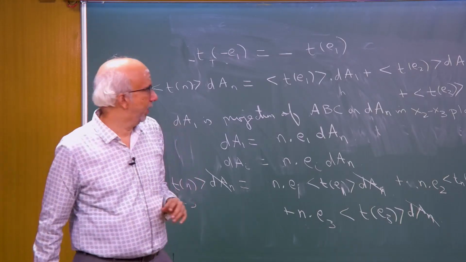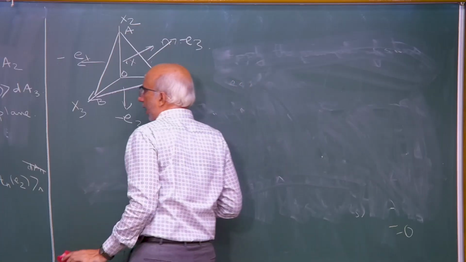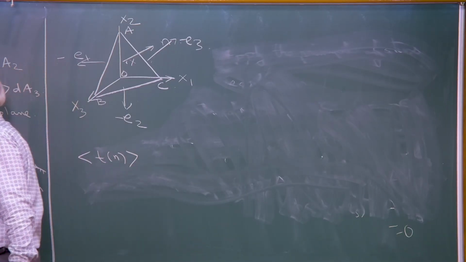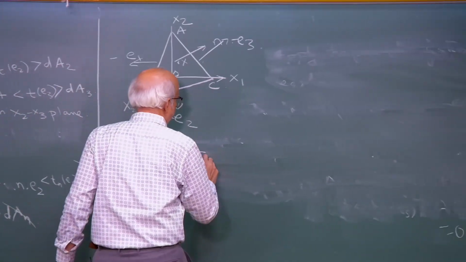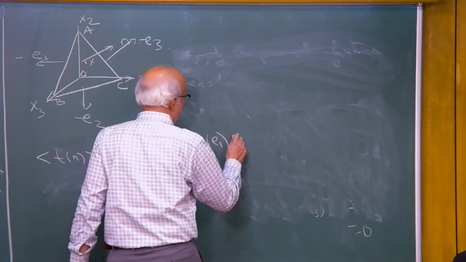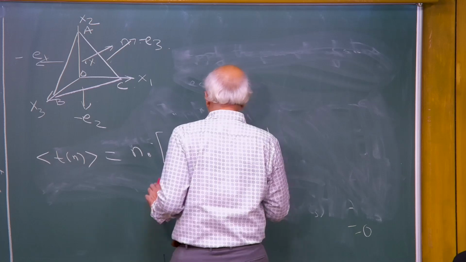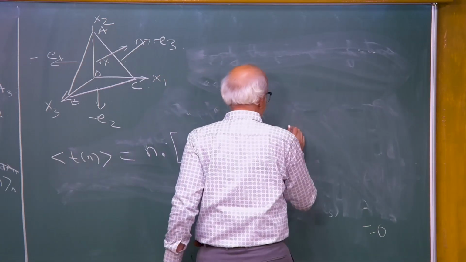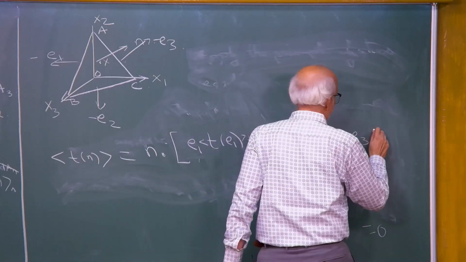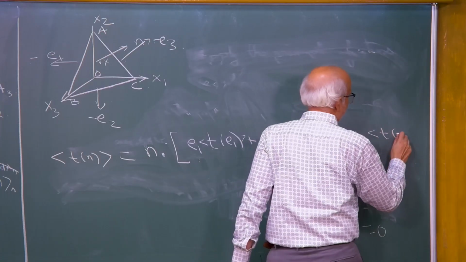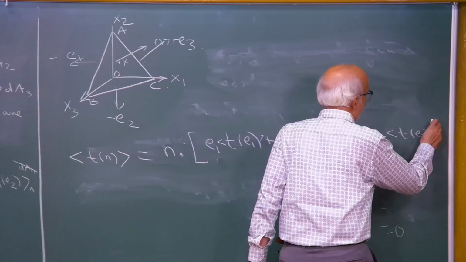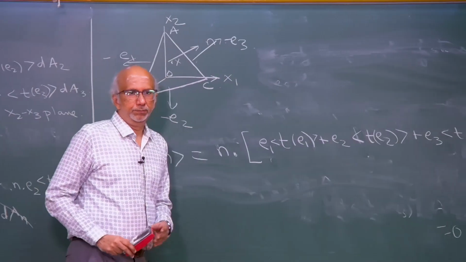So, I am cancelling it off, and what I am left with is average of T of n equals n dot E1 T of E1, plus E2 T of E2, plus E3 T of E3, all averaged.